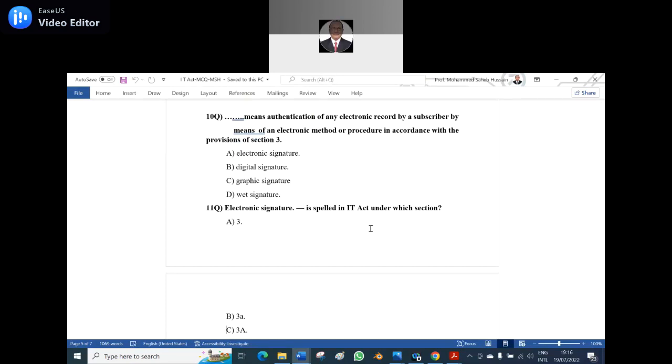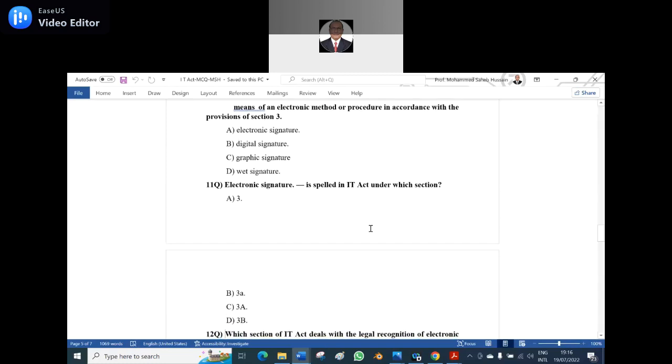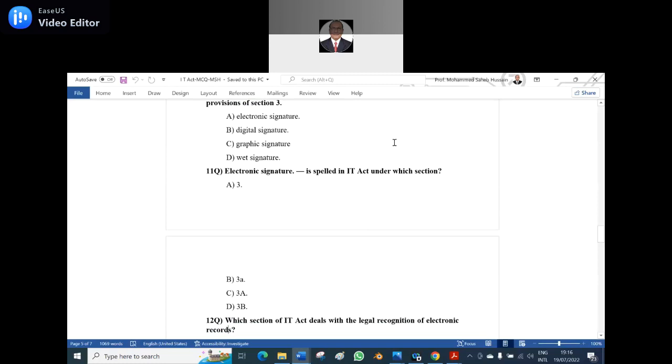11th question. Electronic signature dash is spelled in the IT Act under which section? Option A, 3. Option B, 3 small a. Option C, 3 capital A. Option D, 3 capital B. Sir, option A, 3.